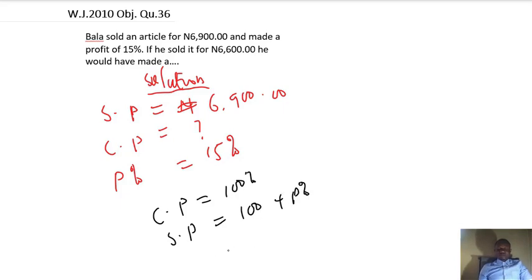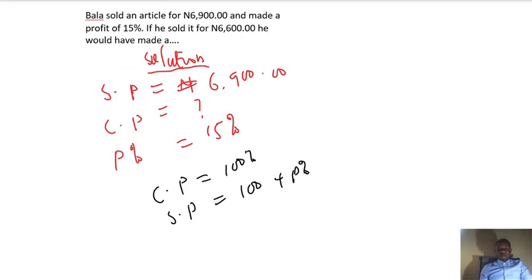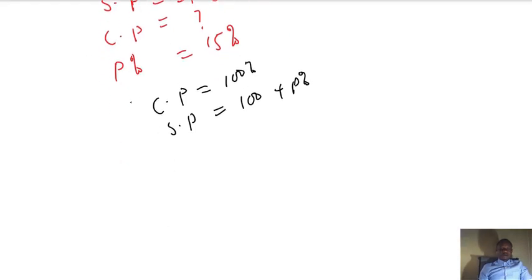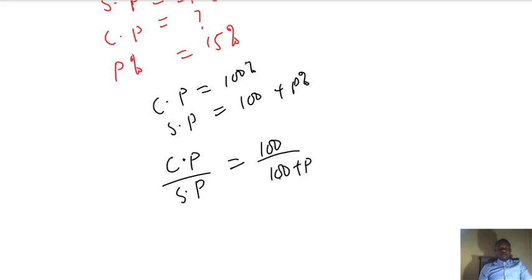So when we write the CP in terms of SP, CP over SP in their corresponding percentages, this is going to be 100 over 100 plus P. So the percentage and percentage will cancel. And when you make the CP the subject, you multiply through by SP, so this and this will cancel.